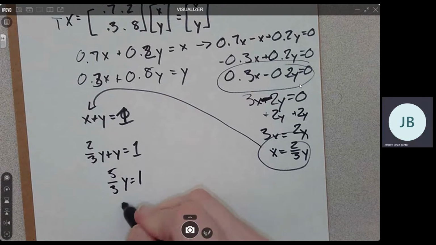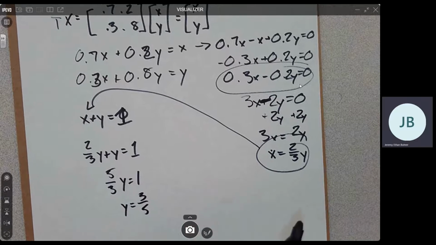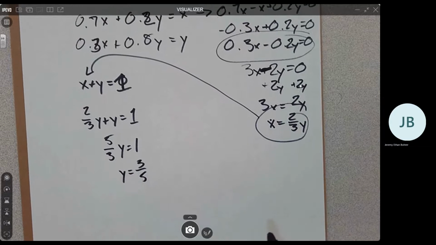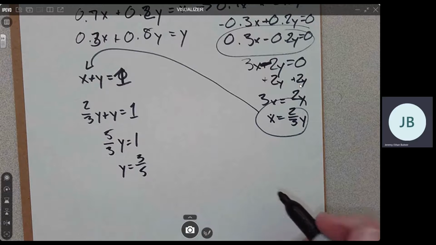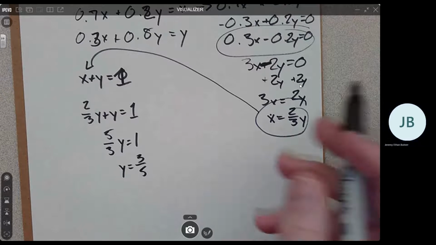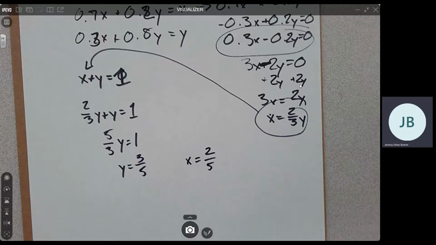Well, then y equals 3/5. I just do that by dividing both sides by 5/3. If y equals 3/5 and x equals 2/3 y, then x equals 2/5. And certainly 2/5 plus 3/5 equals 1, so that satisfies that condition.